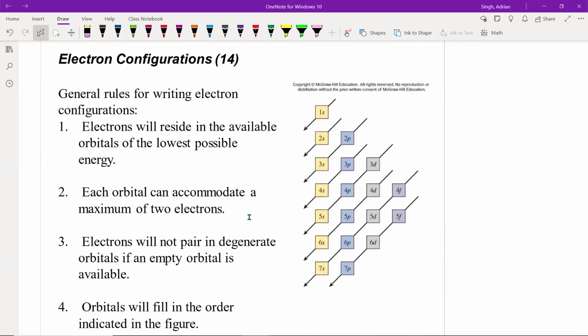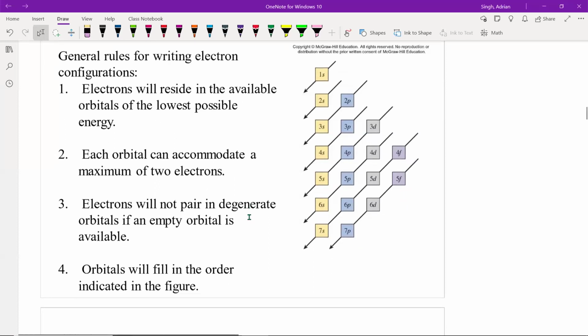So if we put our electrons into our different orbitals according to the Pauli exclusion principle, the Aufbau principle, and Hund's rule, what we will see is that there is a way in which we can organize the electrons in a way that makes sense. You can summarize them as follows. Electrons will reside in the available orbitals of lowest possible energy. That's the Aufbau principle, building up from the bottom, the lowest energy first.